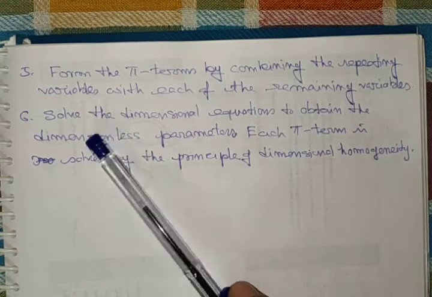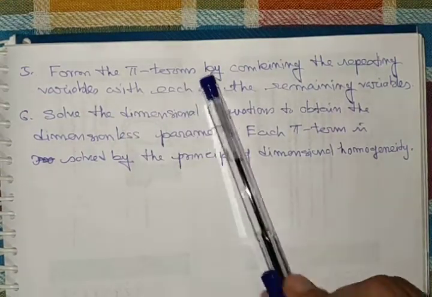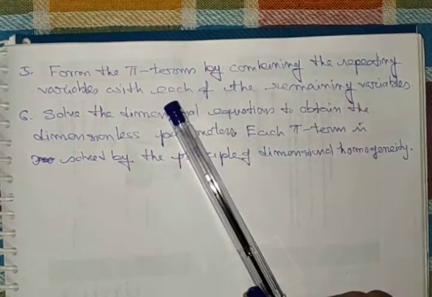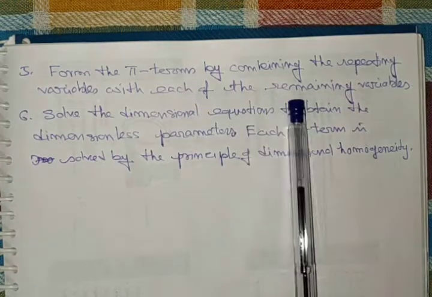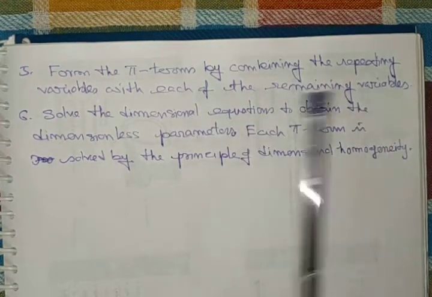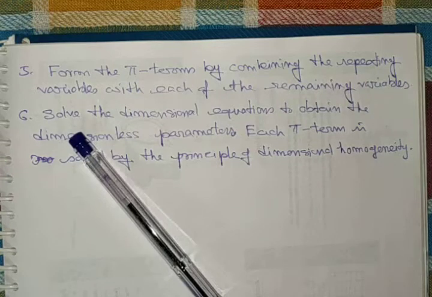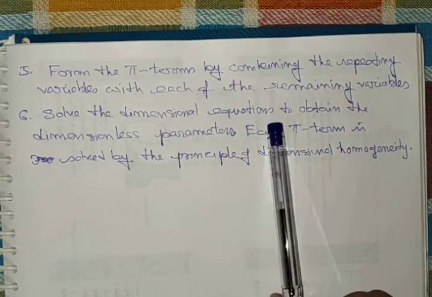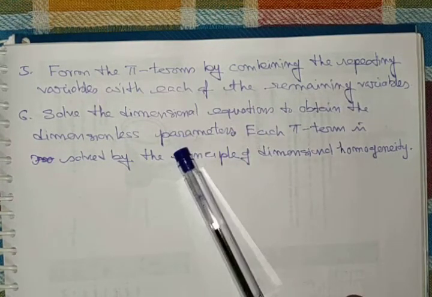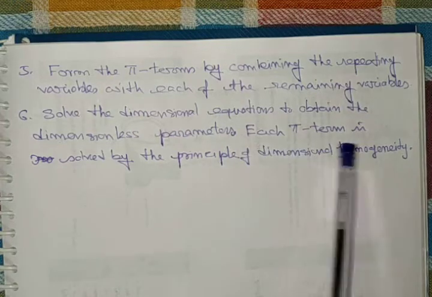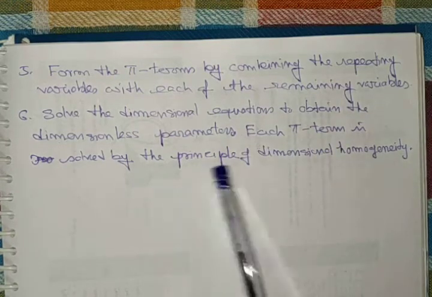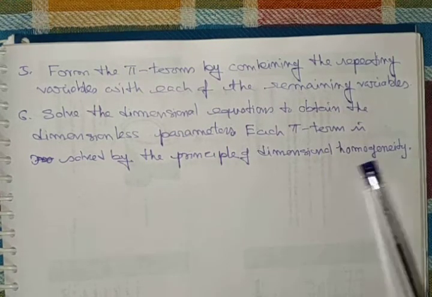Number 5, form the pi terms by combining the repeating variables with each of the remaining variables. Number 6, solve the dimensional equation to obtain the dimensionless parameters. Each pi parameter is solved by the principle of dimensional homogeneity.